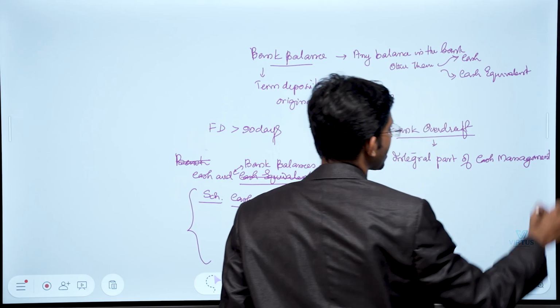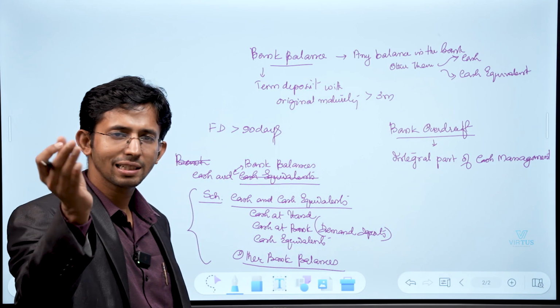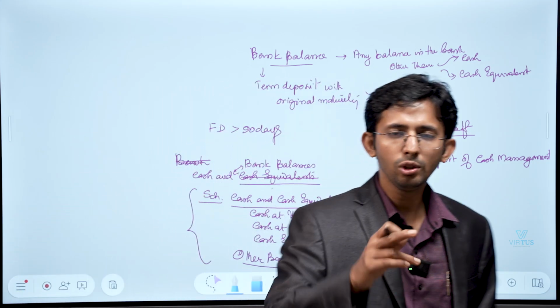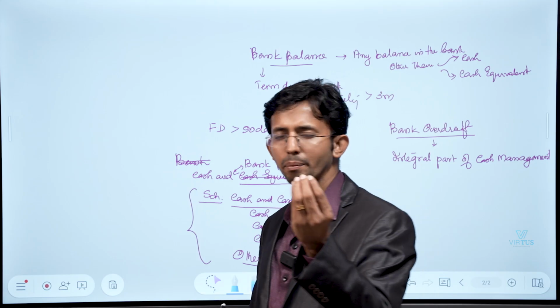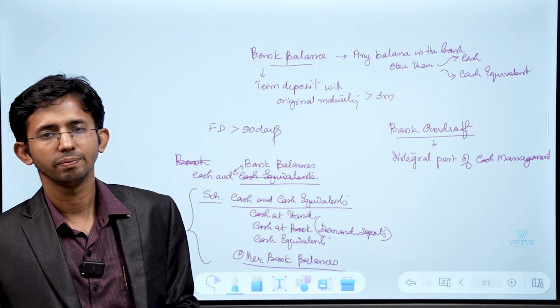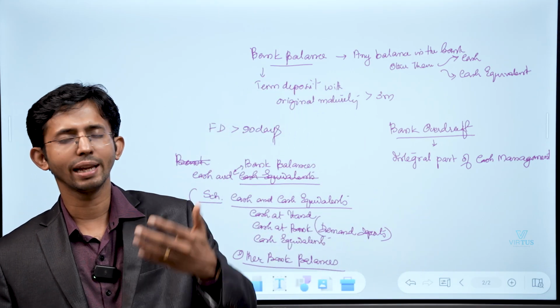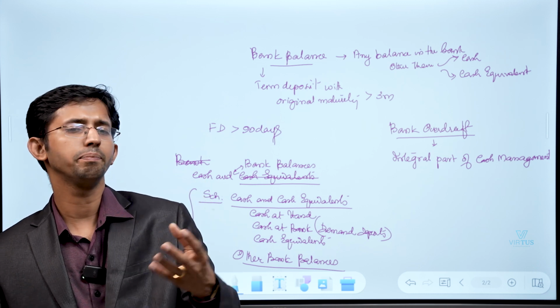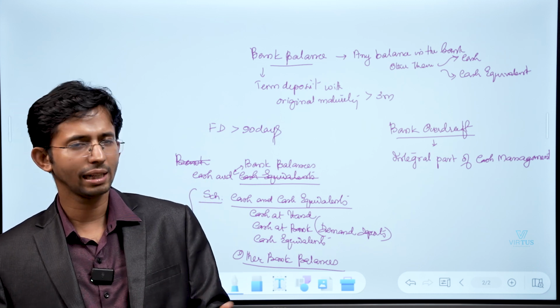See, most of these business entities take one bank overdraft and keep it with them. They use it only when there is a temporary crisis. They are expected to get some cash or some check, and there is some delay in clearing or realizing the check.